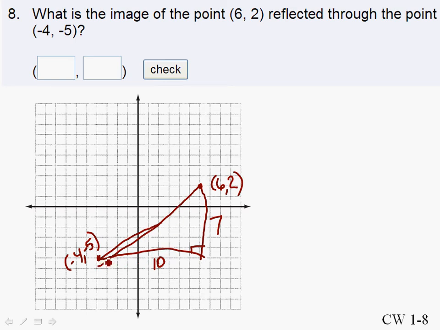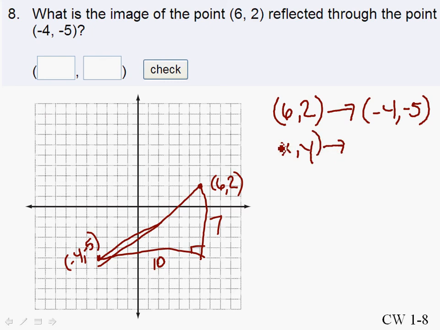So to find the new value of this, we're going to need to go down 7 and over 10 for the reflection. So we took 6, 2, and we got negative 4, negative 5. So this was my x and y, and I translated it: x minus 10, and for my y value I did y minus 7.